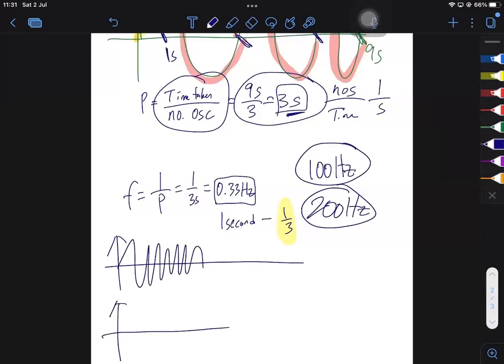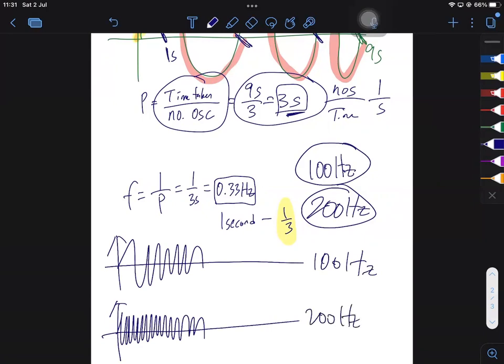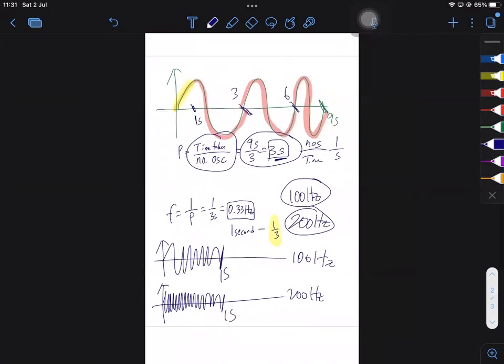For 200 hertz, it will be even smaller, like this. This will be 100 hertz, and this will be 200 hertz. And all these 100 oscillations and 200 oscillations are just in the span of 1 second. You guys get what I mean about this part here? Anyone confused? This part is important.